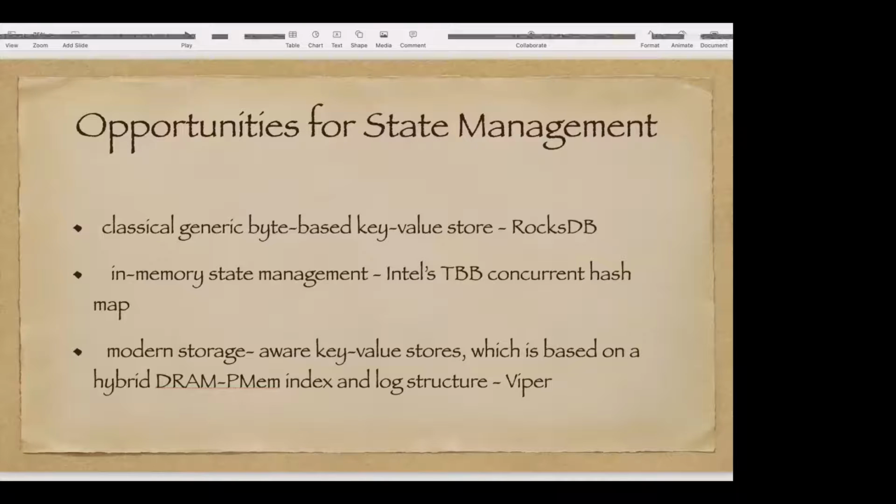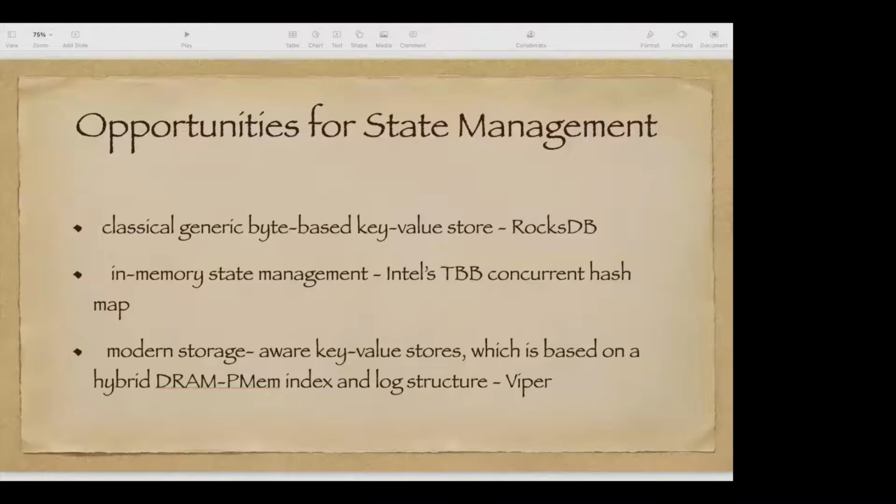The paper next talks about opportunities for state management. The paper compares three types of storage systems. One is the classical byte-based key value store, RocksDB, which is used by Flink.